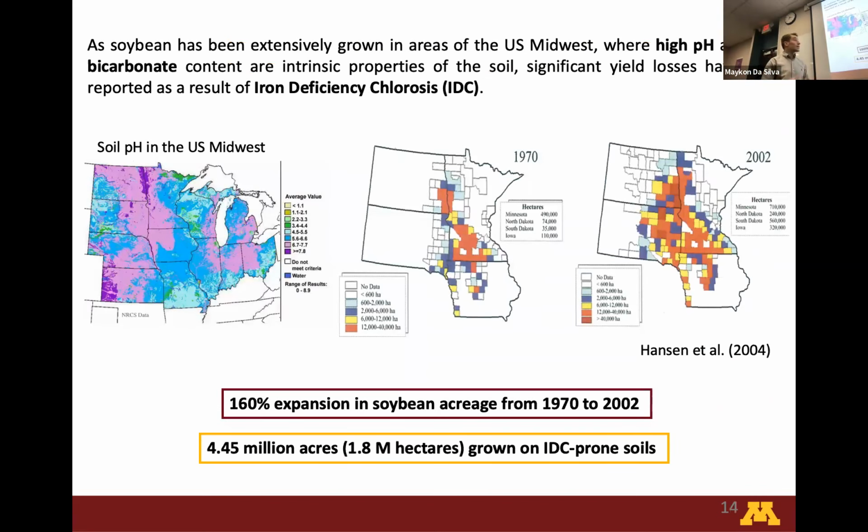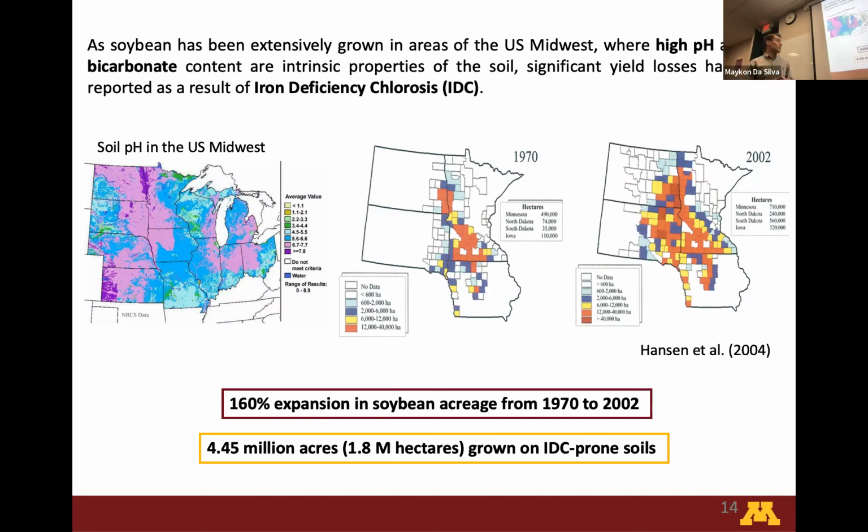But as soybean has been extensively grown in areas of the US Midwest, where high pH and large amounts of calcium carbonates are intrinsic properties of the soil, significant yield losses have been reported as a result of iron deficiency chlorosis. Using a geographic information system with soil pH maps, Hansen and collaborators, 2004, mapped out the area where IDC is expected to be a problem in the north central United States.